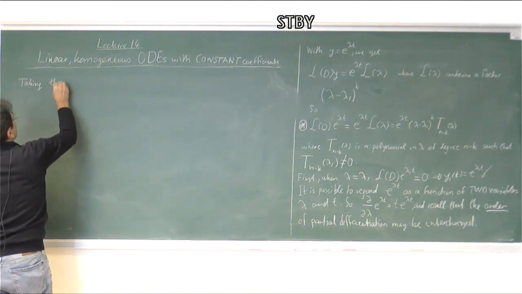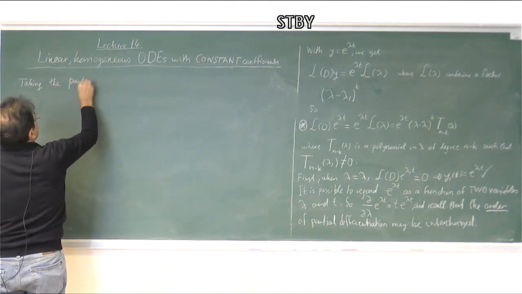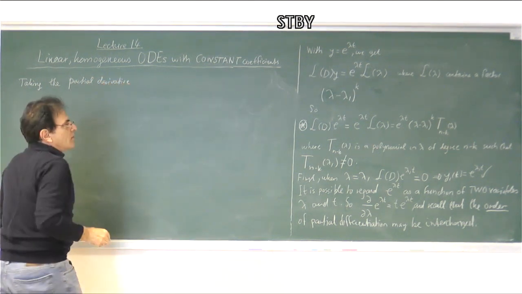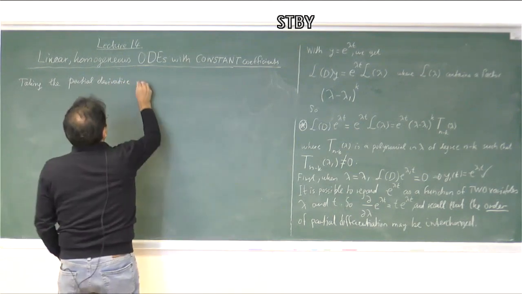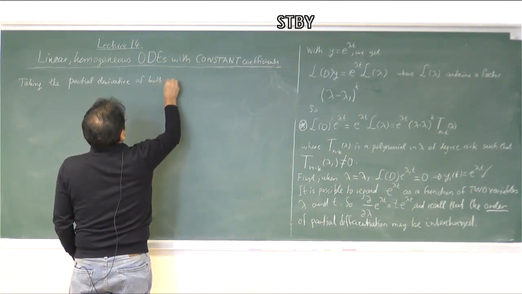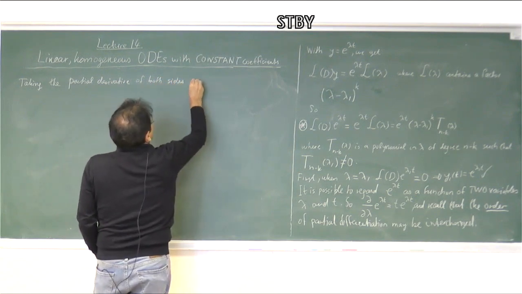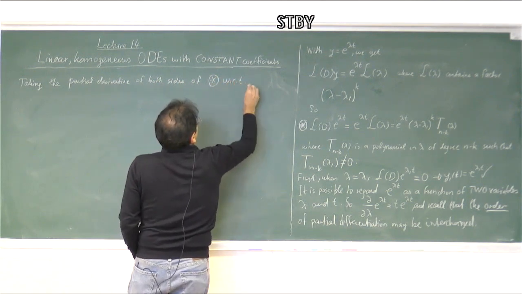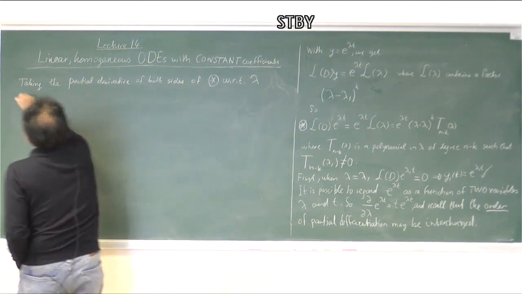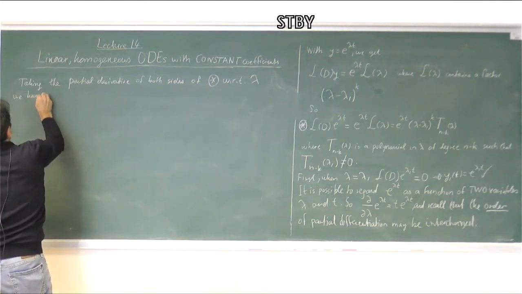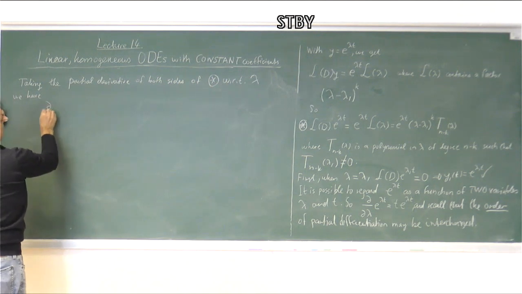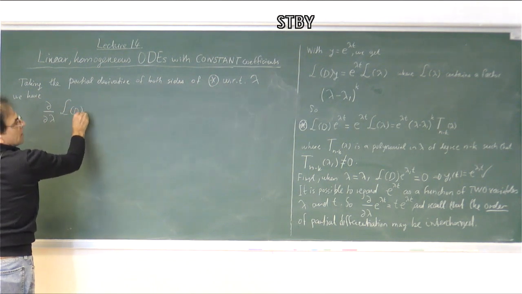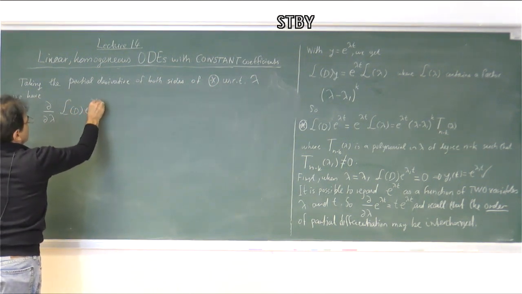So taking the partial derivative of both sides of asterisk with respect to lambda, we first get del lambda L of t e to power lambda t.